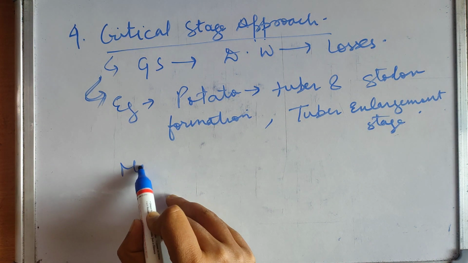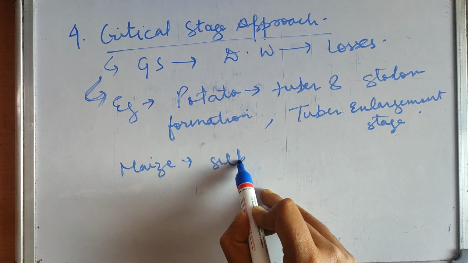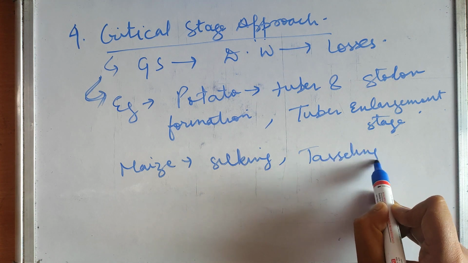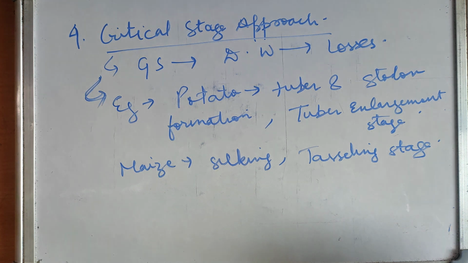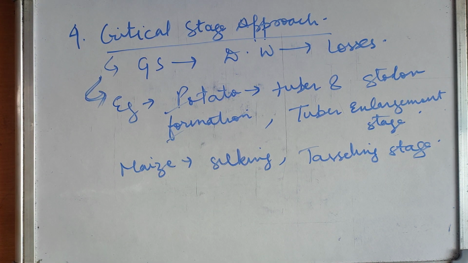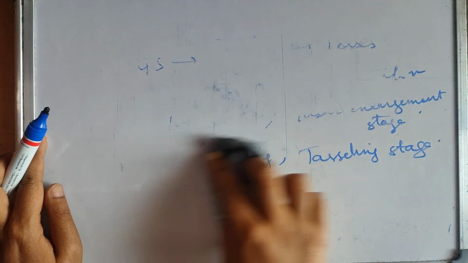For maize, we need to do irrigation at silking stage or tasseling stage. Whenever the plant requires water at certain vegetative or reproductive stages, we need to schedule irrigation as per those stages. So these were the four criteria of scheduling irrigation.